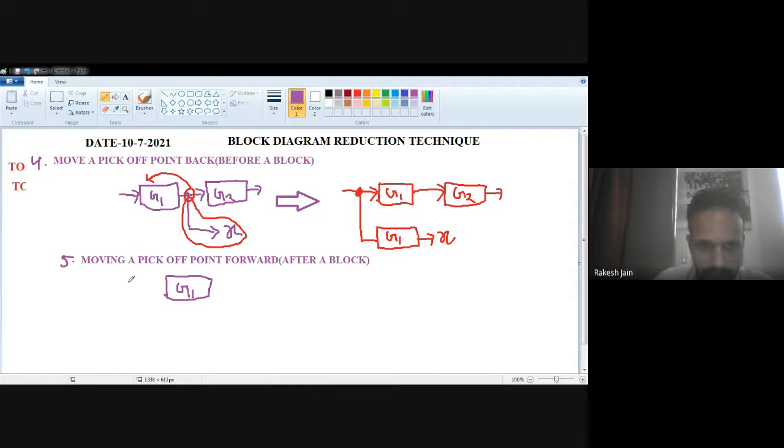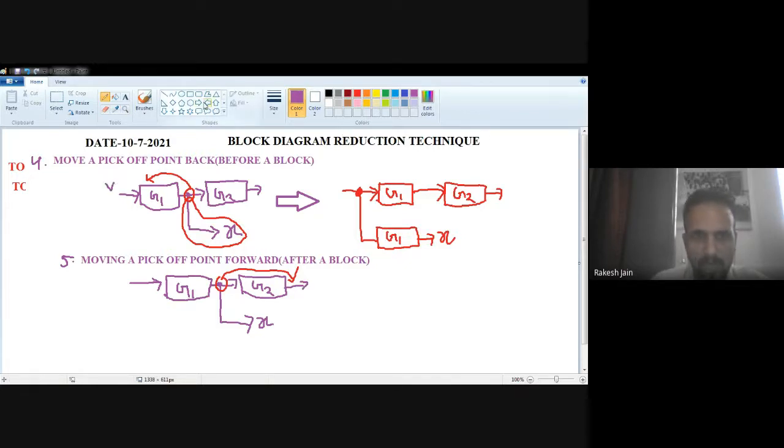One is G1 and one is G2. And you have a take-off point or pick-off point. You just want to move this pick-off point after a block. So after the G2, I want to come. Before the movement, the diagram is like this.